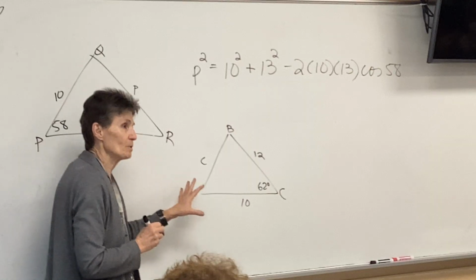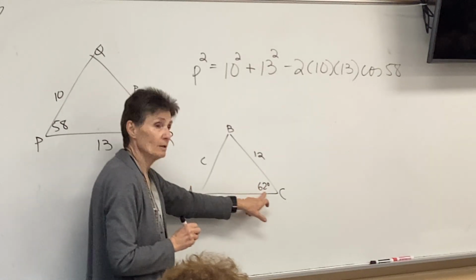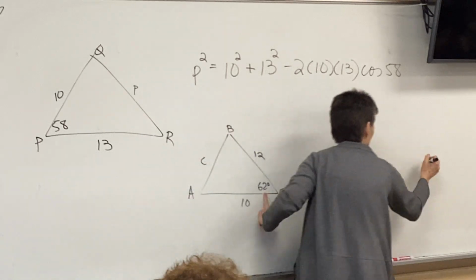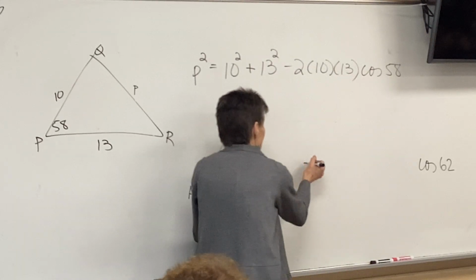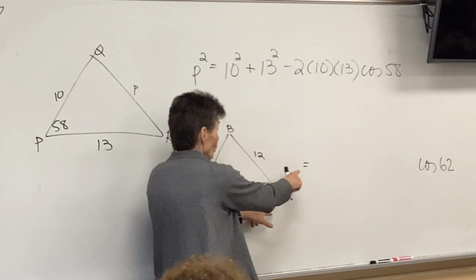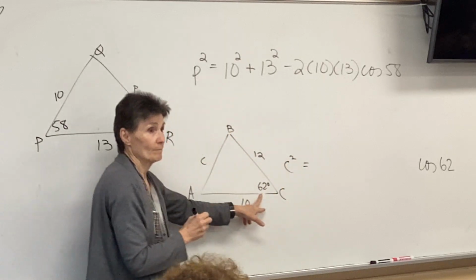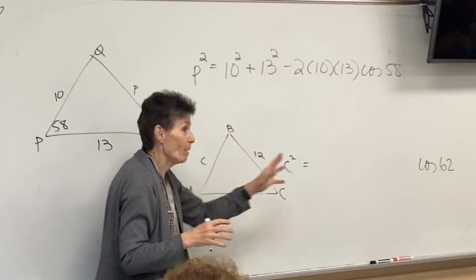Could you set up the law of cosines for that? Well, your angle is 62, so at this end we're going to have cosine 62. At the other end of the equation, all by itself, you're going to have c squared. Now, what are you going to have in that middle part?